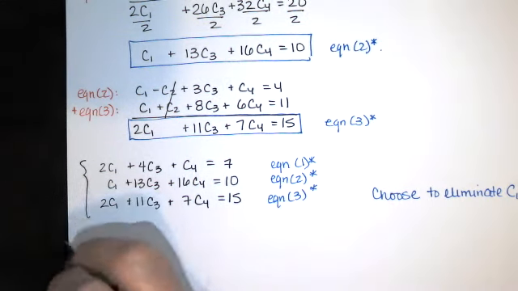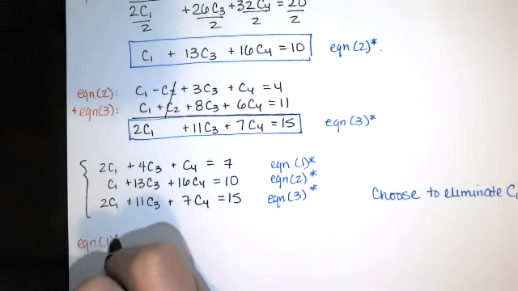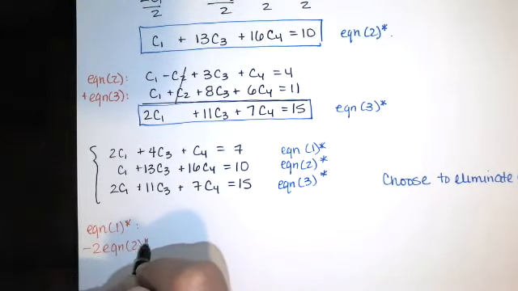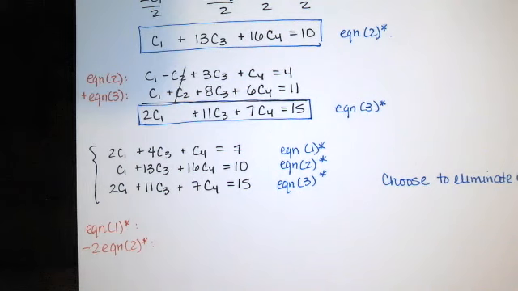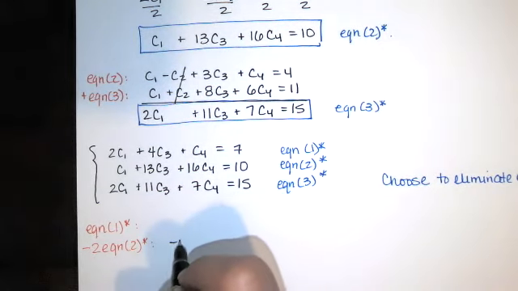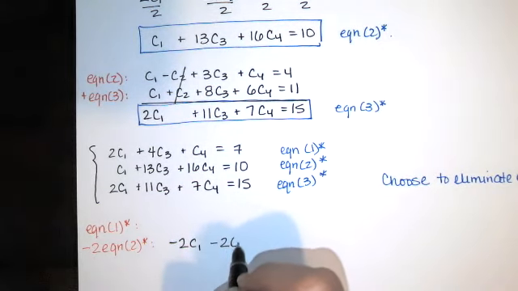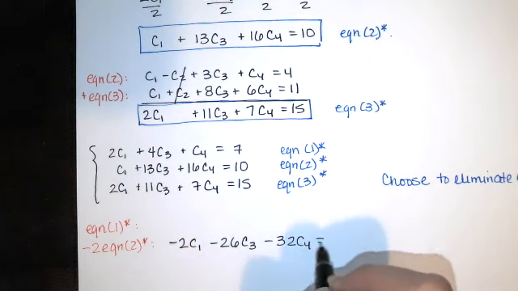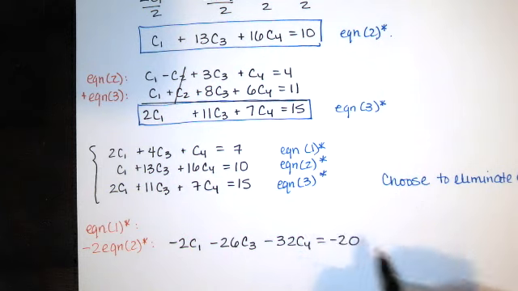So I'll take equation 1 star and take the second equation, multiply it by -2, and add them together. -2 times that is going to give me this. Okay.